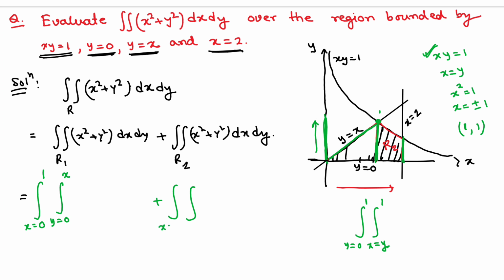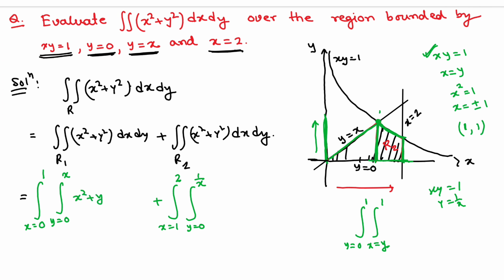So you can choose x equals 1 to 2. Lower to upper, this curve is y equals 0 and this curve is xy equals 1. So what will be y? If xy equals 1, then y equals 1 by x. So y equals 0 to 1 by x.